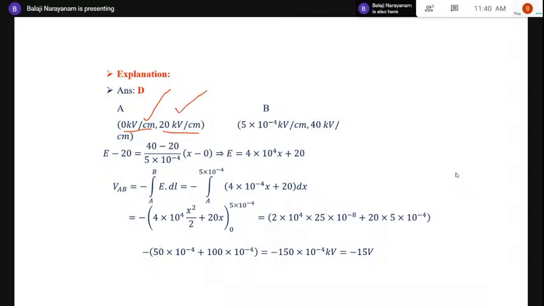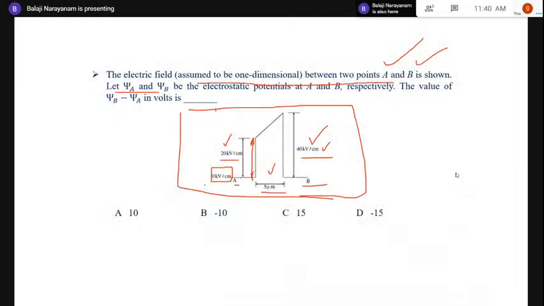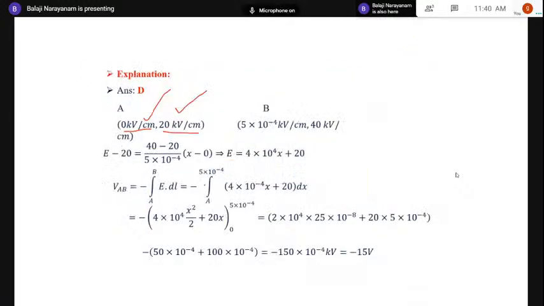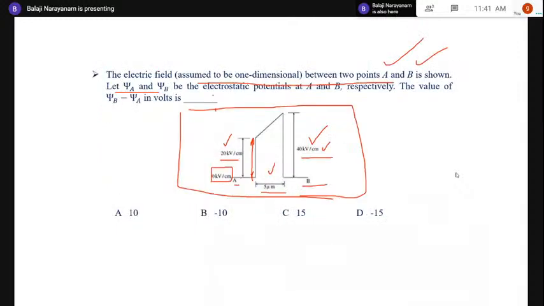See, electric field intensity has units of volt per meter, and V is potential in volts. E is equal to V by D. Electric field intensity E is equal to V by D. Hence, this is given for us.